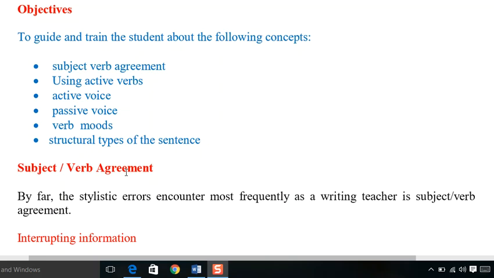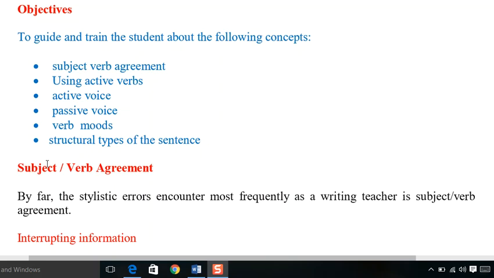Number two, a verb is a word that expresses an activity, tells us about time, and it also coordinates with the subject, according to whether the subject is singular or plural.